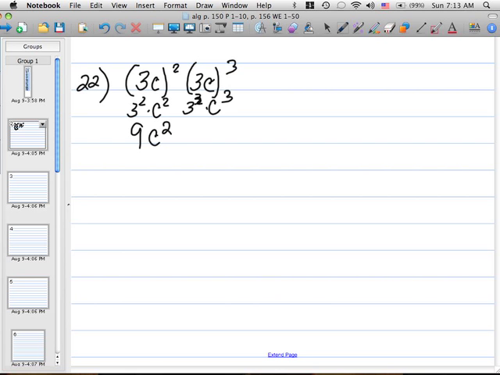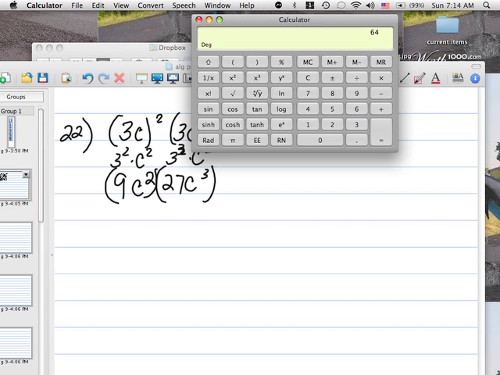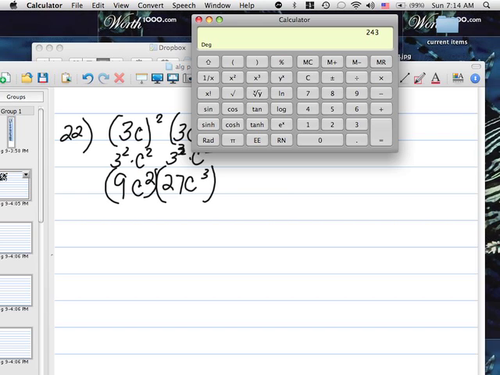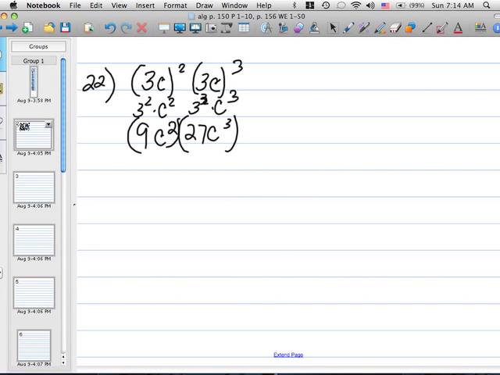So that's 9c squared. 3 cubed is 27. C to the 3rd. So 9 times 27, if you need your calculator, you can get it, is 243.